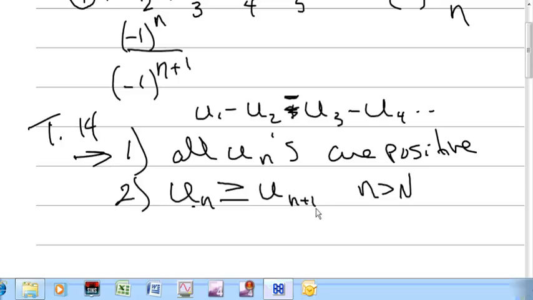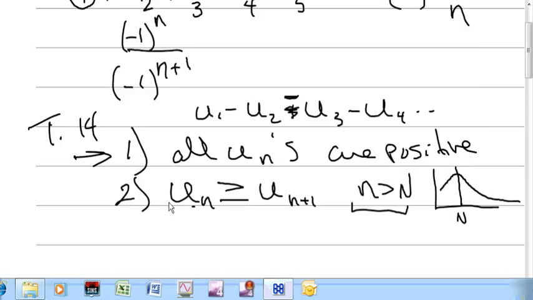In other words, the function is decreasing ultimately. Now initially, if you had a function that kind of looked like this, it initially goes up and then goes down forever. Okay, you're okay. That's going to work. That satisfies this, because here we have a value of N, and after that everything's decreasing.